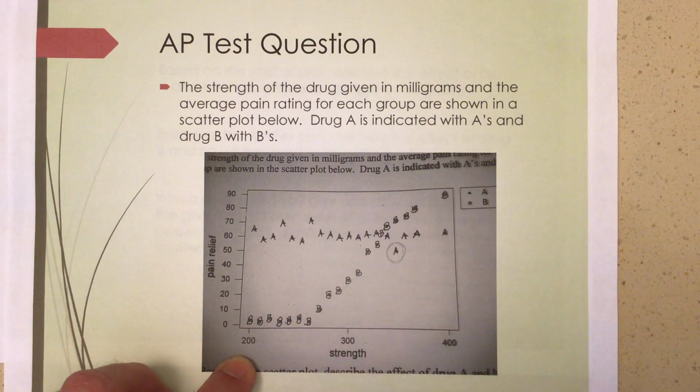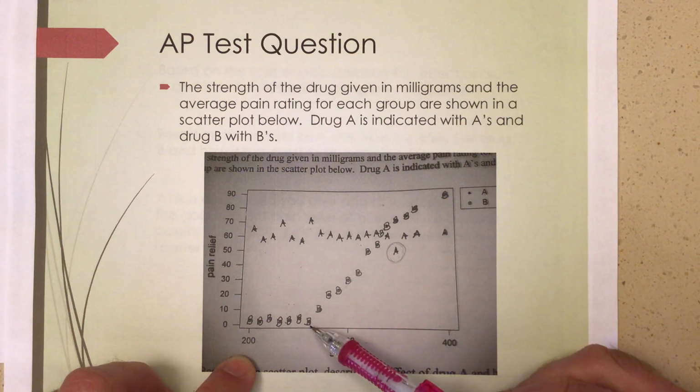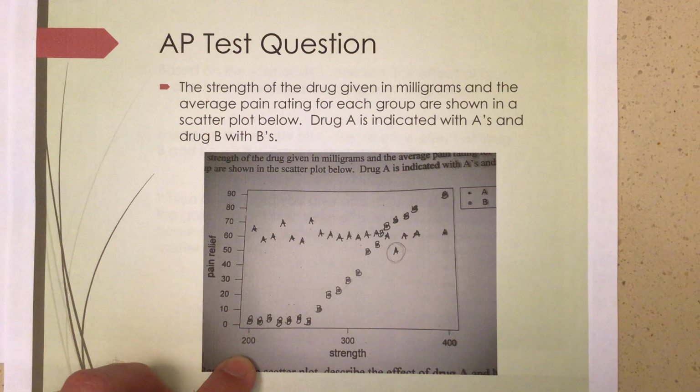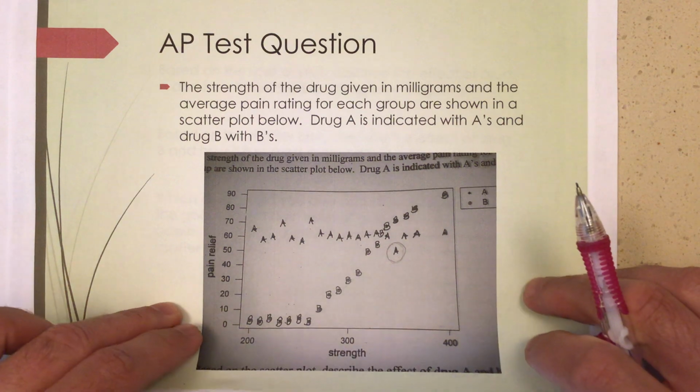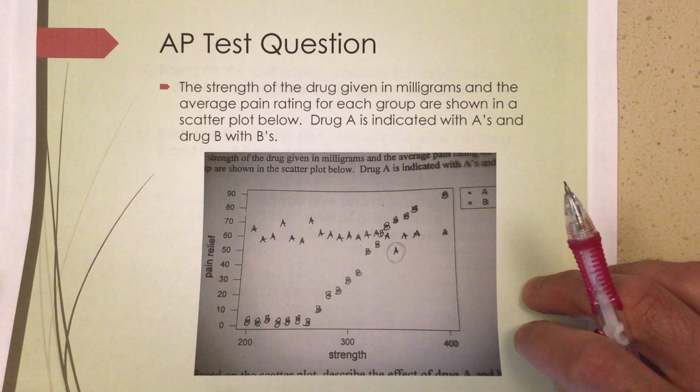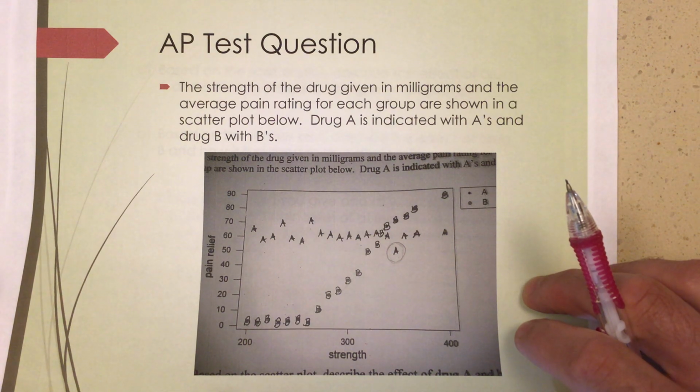The positive association that I mentioned, but you should put the positive association in context of the problem. So above a dose of 270 milligrams, drug B is providing an increase in pain relief as the dose increases. Okay. And it's got a pretty strong linear association. No outliers.